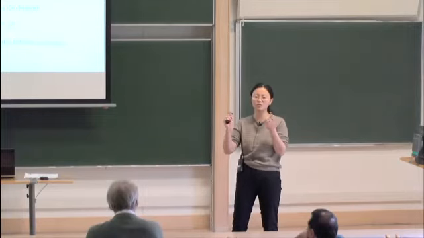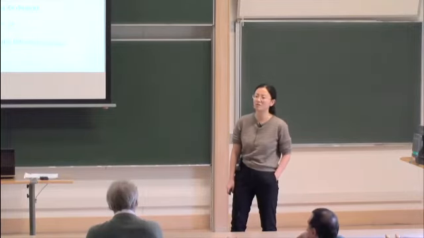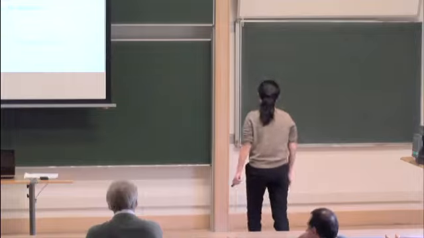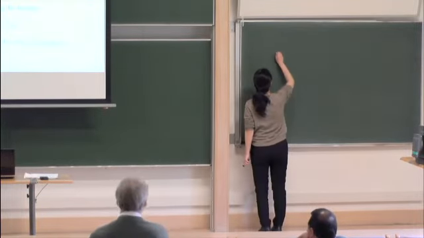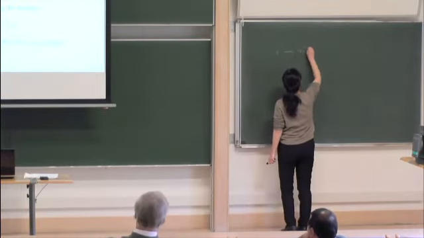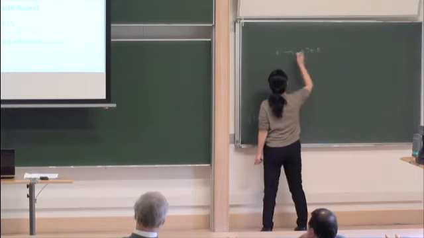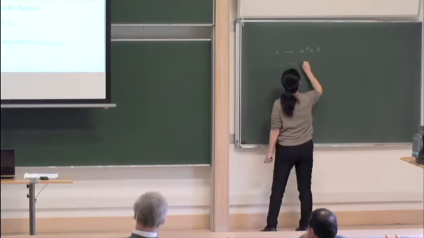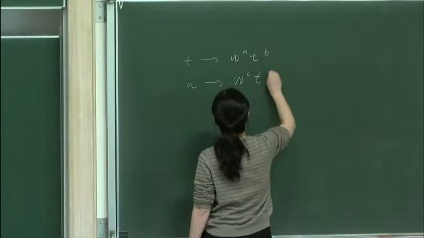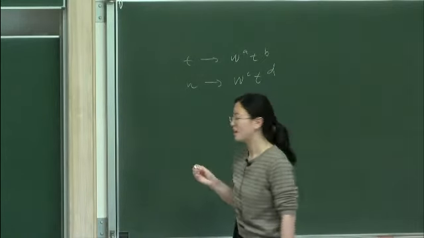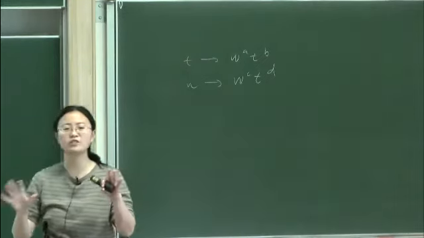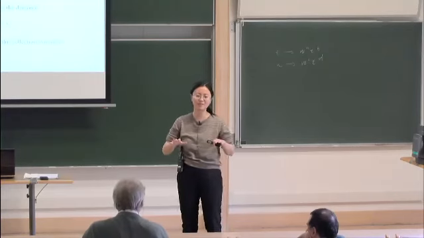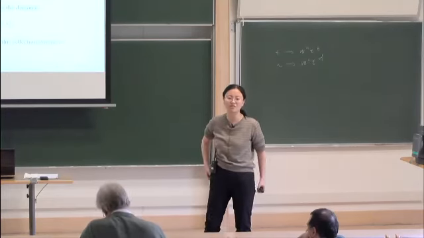When you actually do a transformation that goes from, for instance, T goes to WA TB, and then W goes to WC and A TB, something like this, it looks like you are not conformal anymore. When you write down the Seiberg-Witten curve, it looks like you are not really conformal.